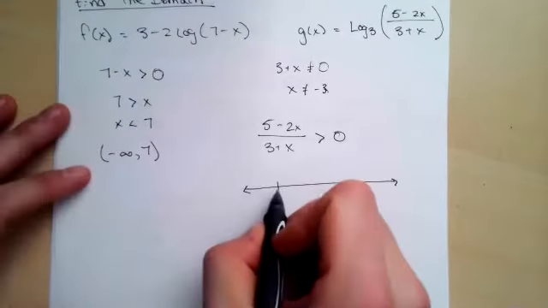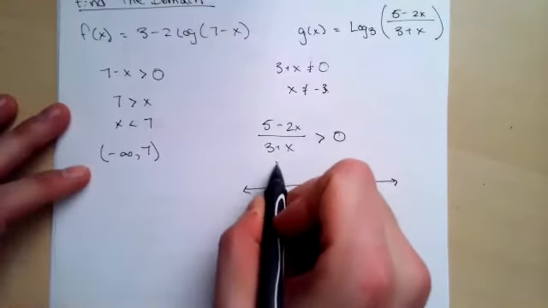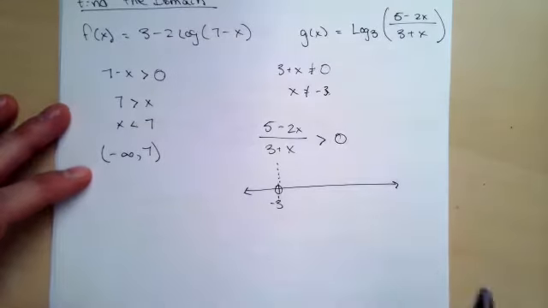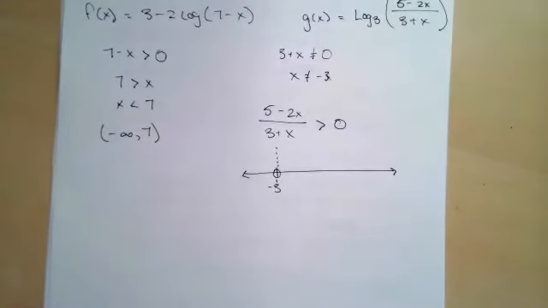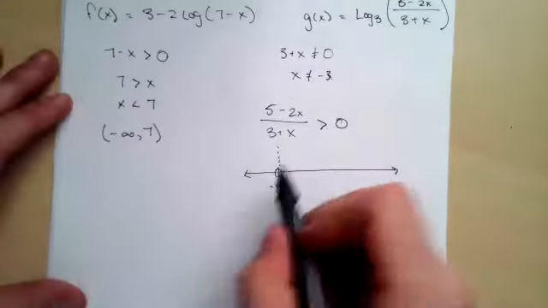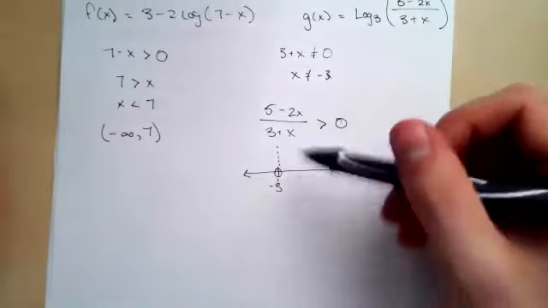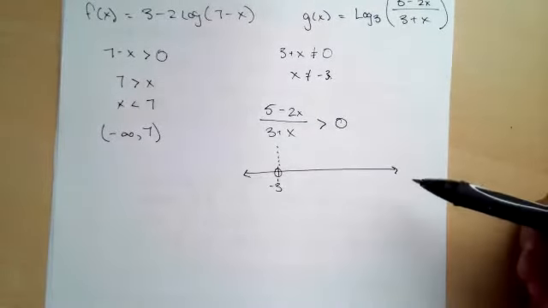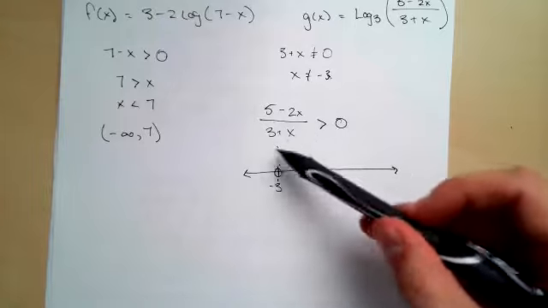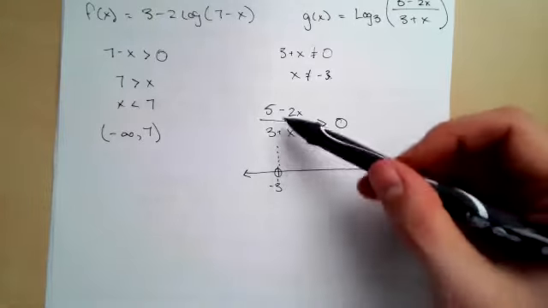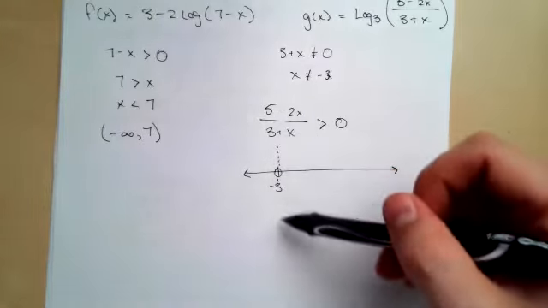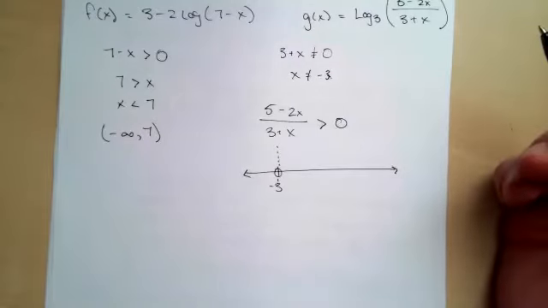And because it's a 0 in the denominator, get in the habit of putting an open circle around that negative 3. And I put this vertical line as an indicator that that would be an asymptote. Since we cannot divide by 0, anytime there's a 0 in the denominator, those create our vertical asymptotes. So I put a few dots to remind myself that the vertical asymptote, we can never include it.